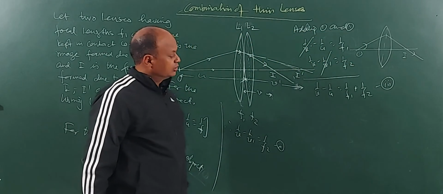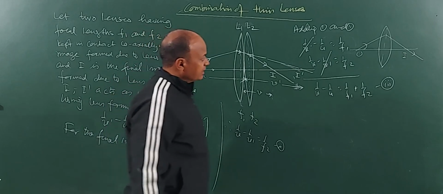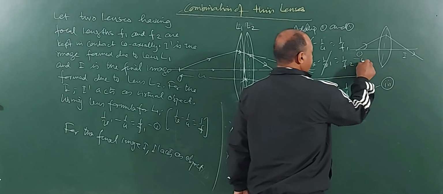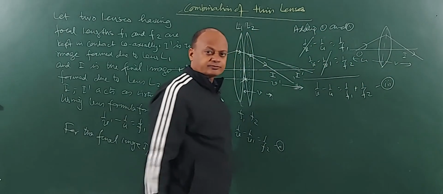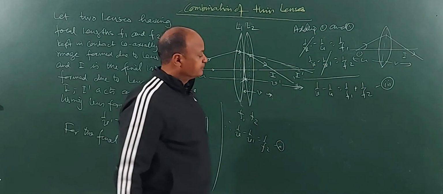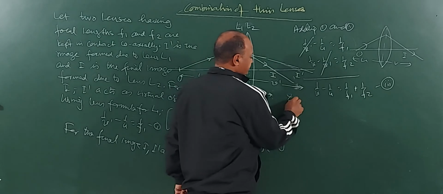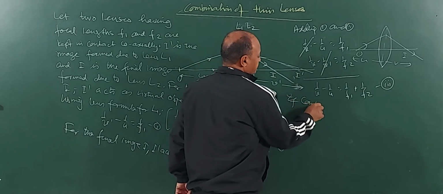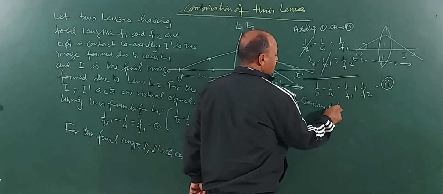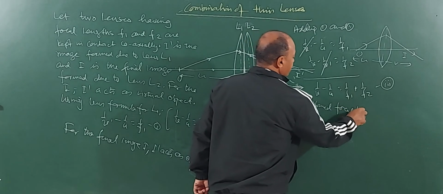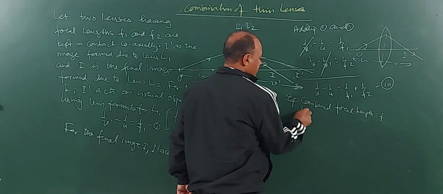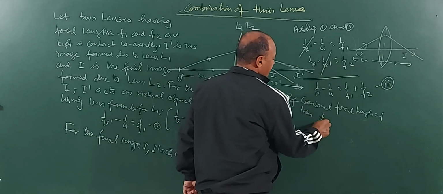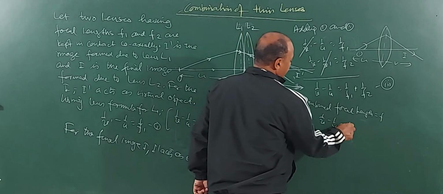Clear? So if this is u and this is v, and the combined focal length is equal to f, then 1 by v minus 1 by u is equal to 1 by f.